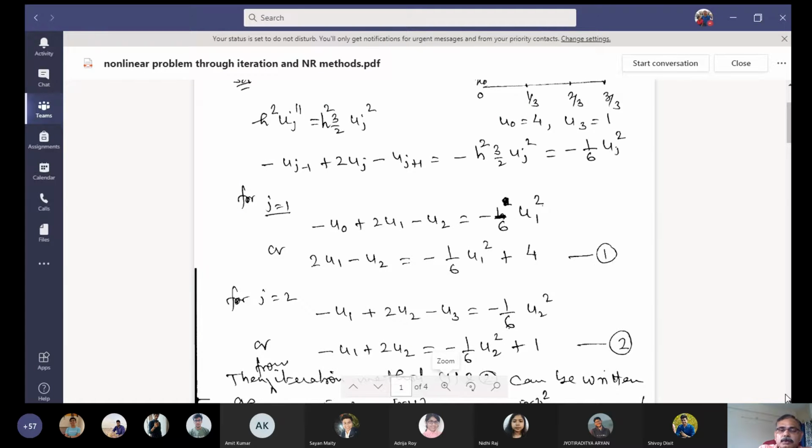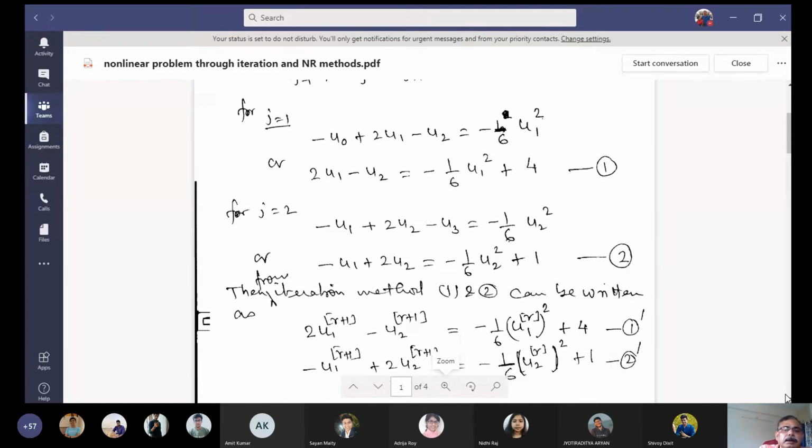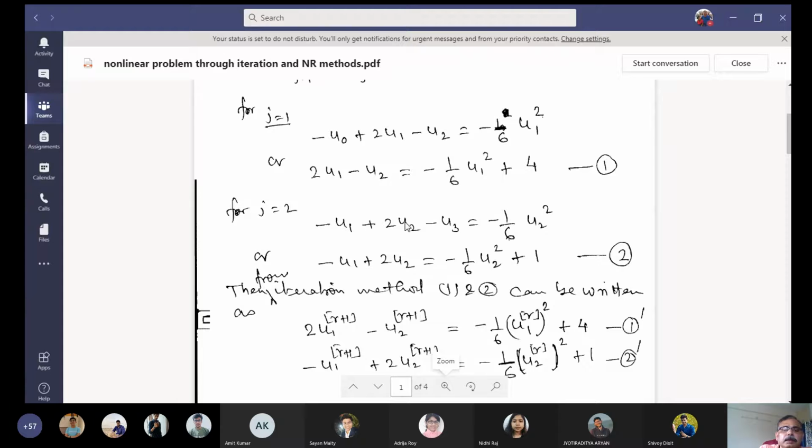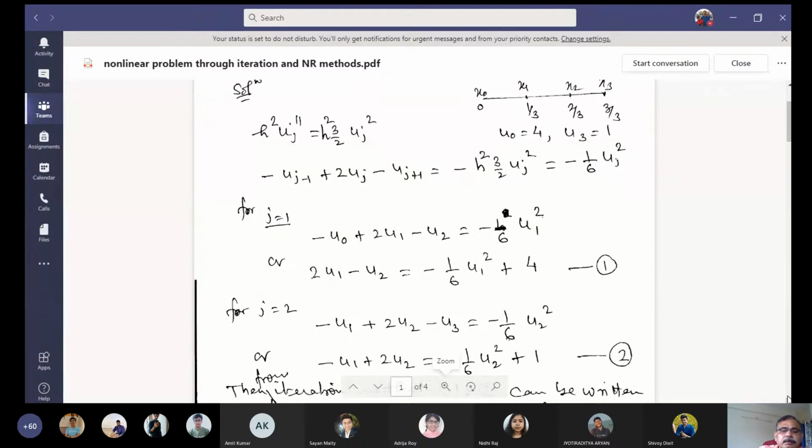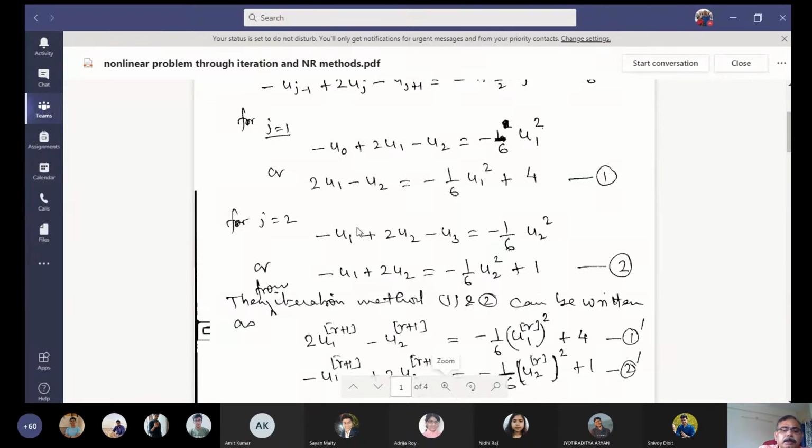For j equal to 2, accordingly, it will be minus u1 plus 2 u2 minus u3. u3 is 1, so it is taken to the other side. So basically minus u1 plus 2 u2 equals minus 1 by 6 u2 square plus 1.